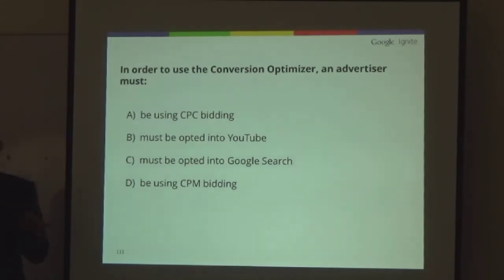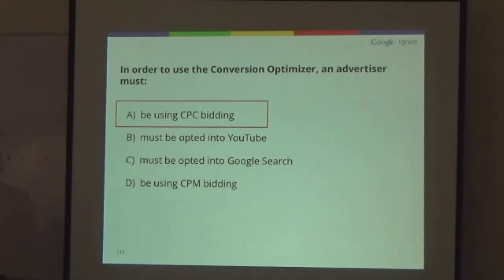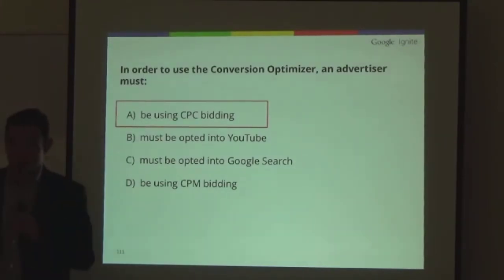Conversions or clicks? Conversion. So the tool itself will help advertisers increase or decrease the bids based on words that are most likely going to convert. So, per click. What type of bidding are we talking about here? CPM or CPC? CPC, yes? So in conversion optimizer, we are actually using CPC bidding. This is how you narrow down to find the right answer here.